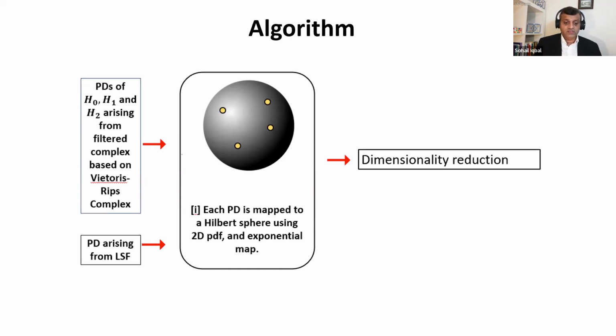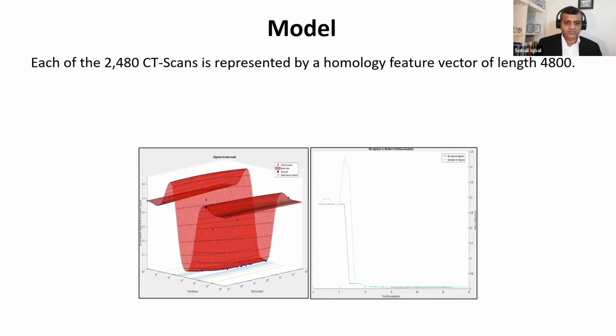So we use principal geodesic analysis to reduce the dimension of each feature vector. After doing that, each image is converted into a feature vector of length 48.